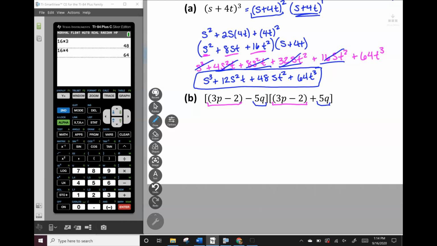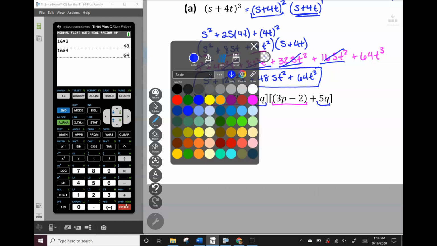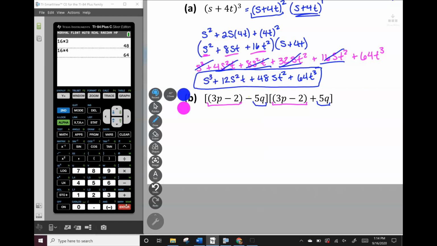Not only that, but if you look in the middle, we've got minus and plus. So this actually follows the first pattern that we looked at. So because of that, let's use that pattern.